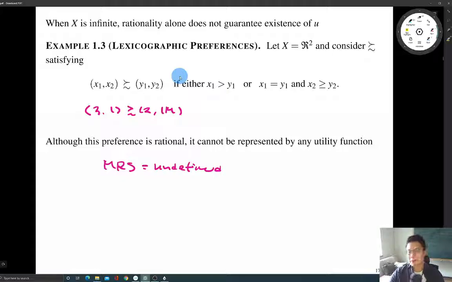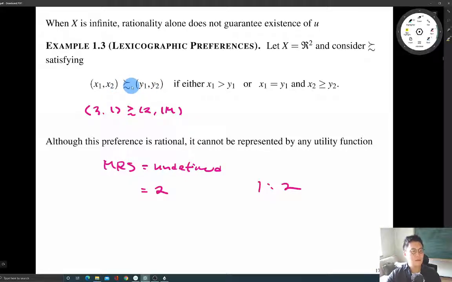Remember the definition of MRS. If MRS is 2, then we can see his exchange ratio is 1 to 2, right? So he is willing to give up 2 units of the second good in exchange for getting 1 unit of the first good. But in the case of lexicographic preference, he does not care about the second good. He first cares about the first good.